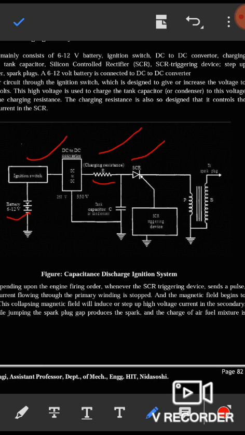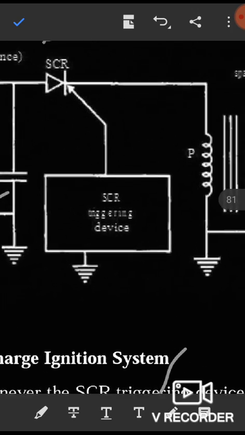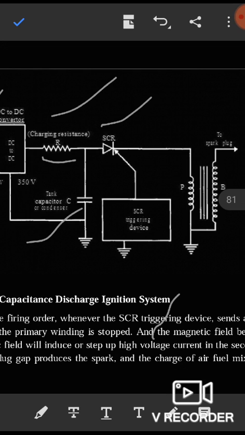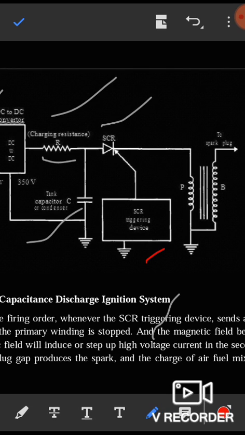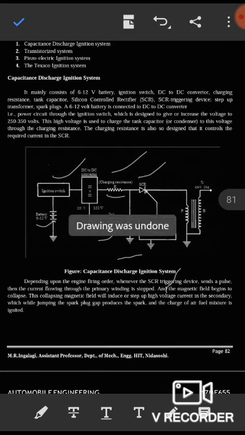Here you may observe the charging resistance, the capacitance or capacitors, and one more device, the SCR triggering device. Again, this is the connection towards the spark plug. So these are the different parts of the capacitance discharge ignition system.